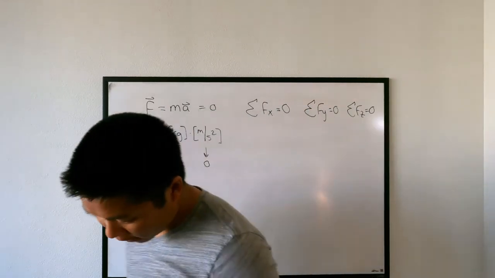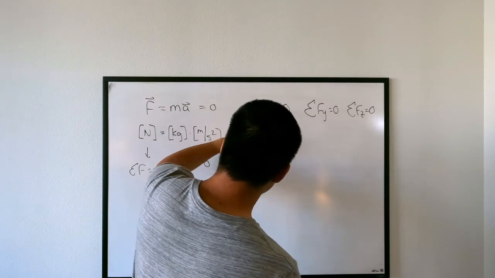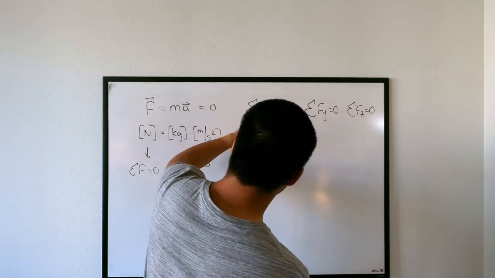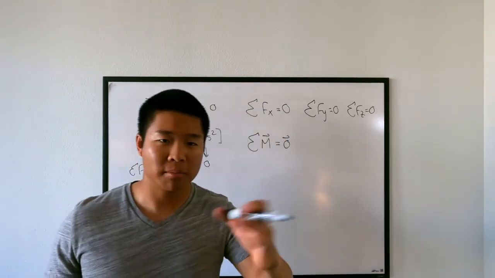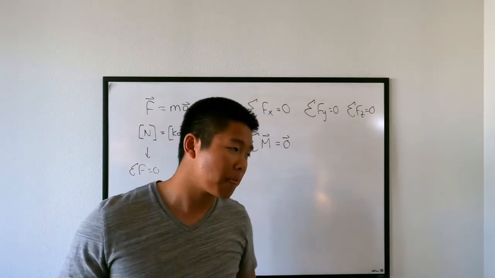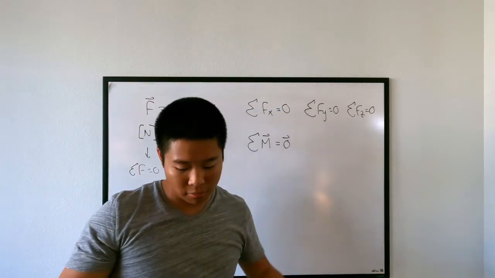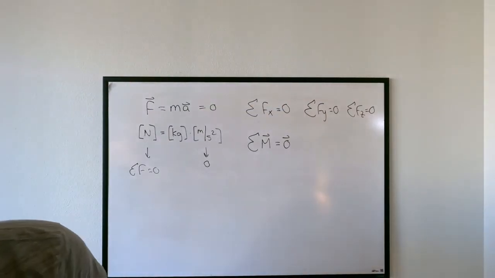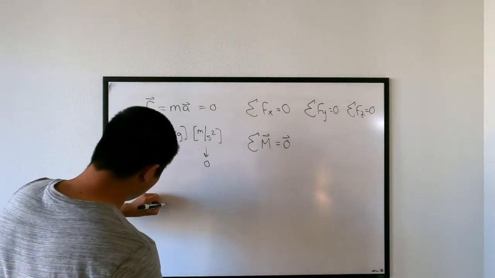In addition, the sum of the moment is equal to 0 as well. You might be wondering, what is the moment? I'll explain towards the bottom of this page and probably into the next lecture as well. But the moment is talking about rotation. In general, our weight is equal to mg.